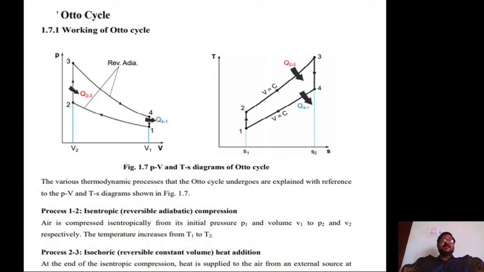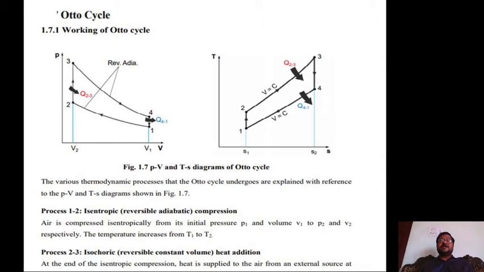If you draw the line from 1 to the P axis, then pressure will be P1 here, P2 will be here. So the pressure increases, the volume decreases, and the temperature also increases in the process 1 to 2, the reversible adiabatic compression process. Reversible adiabatic is also called isentropic.